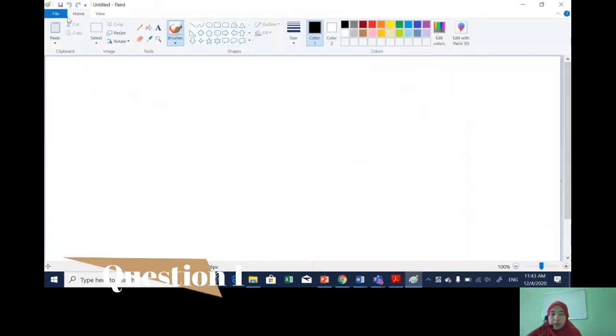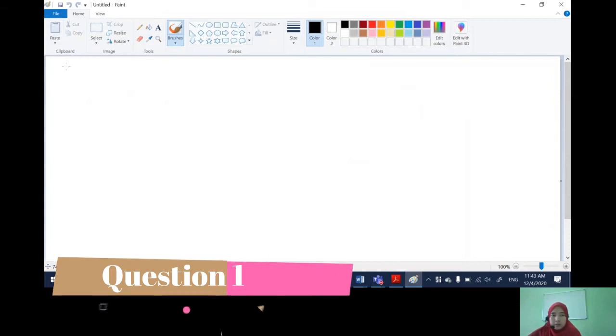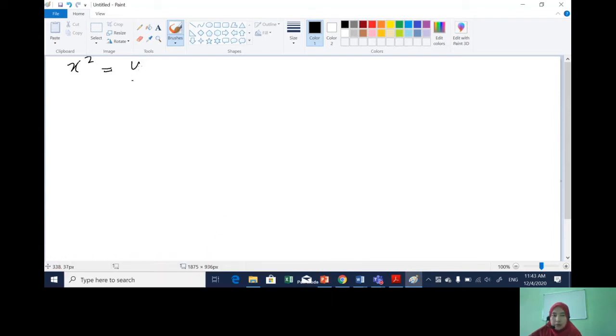So the question is x squared equal to y squared dy over dx. First thing is to modify it into the form that we want.